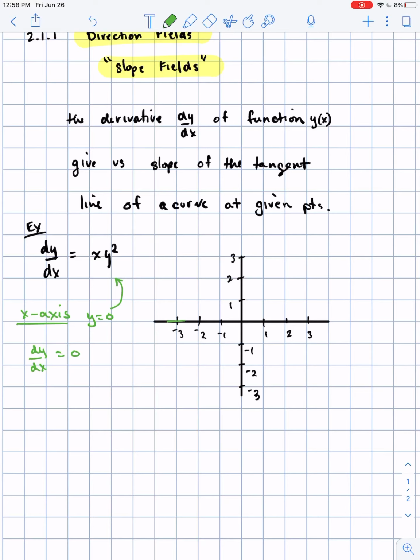So on our x-axis, all I'm going to do is put little dashes at given points where the slope is 0, and that'll continue on forever. The same thing goes with the y-axis as well. If you're plugging in x to be 0, we're still going to get a derivative of 0, which means that our slopes are going to be 0 on both axes, okay?